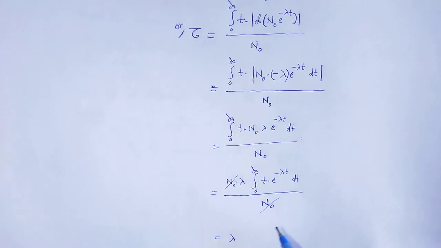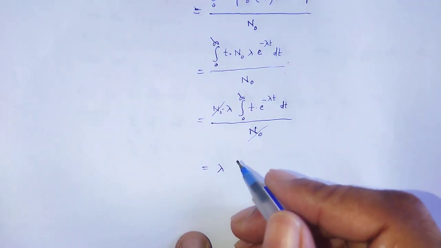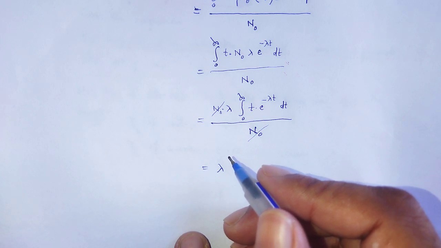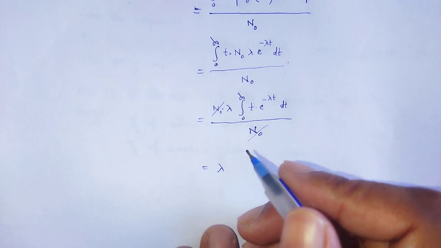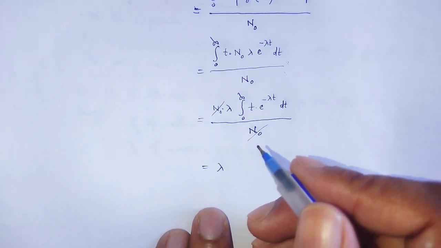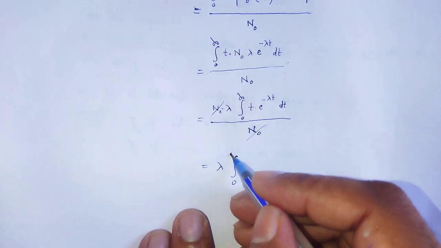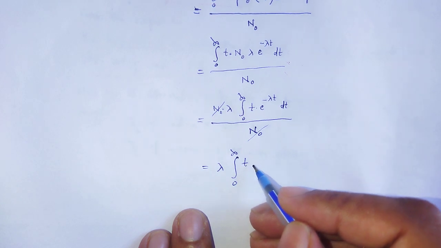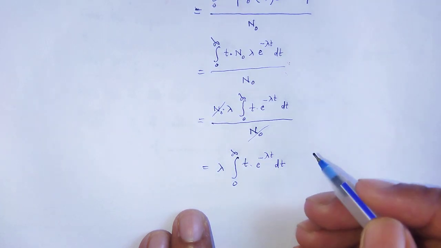We have lambda times the integral from 0 to infinity of t e to the power minus lambda t dt.